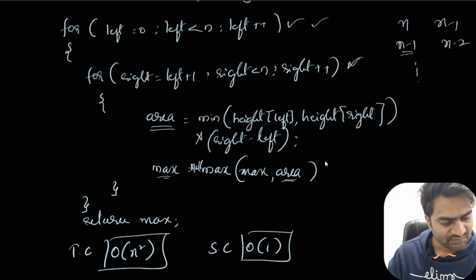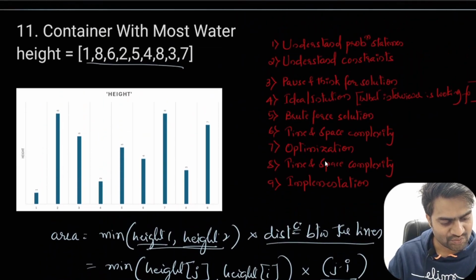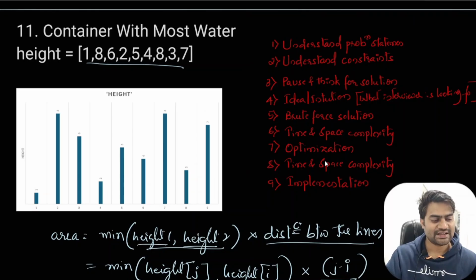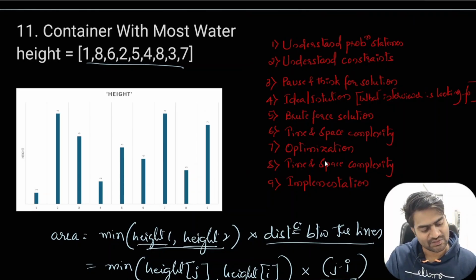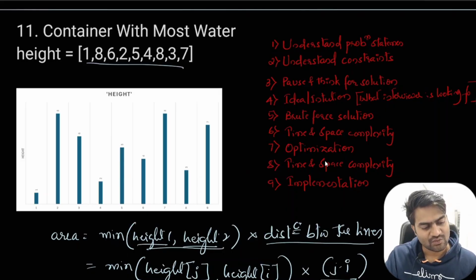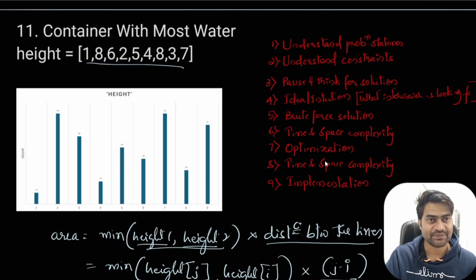So let's go back to this particular diagram. Let us consider using the two pointers technique. I will point one pointer to this first value and another pointer at the last height. So I will start from here. Now I will try to find the area between this line and this line initially.